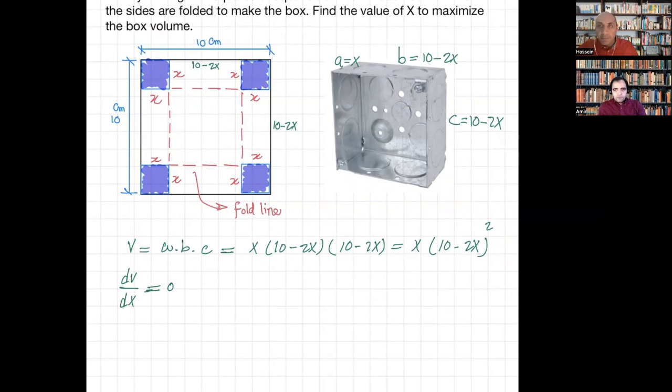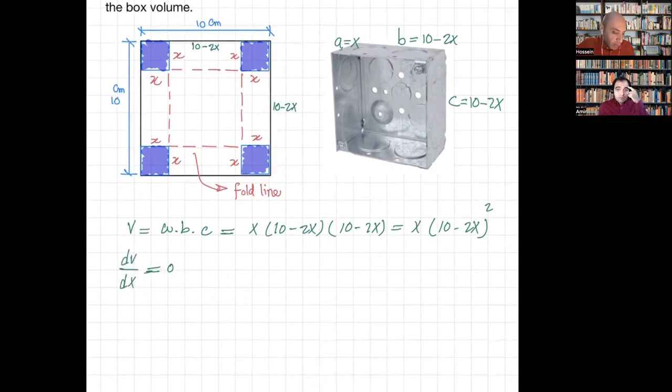But we also have some constraints here for x. So x needs to be greater than 0 because we want to make a cut.